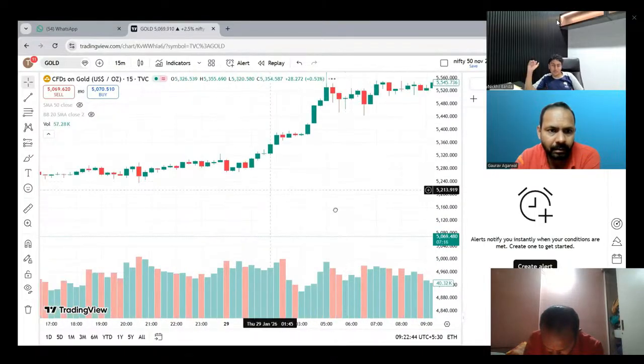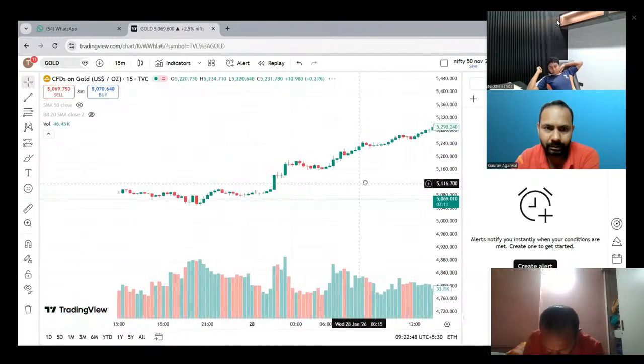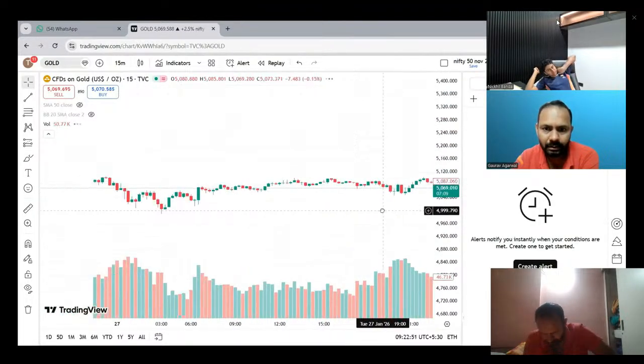And then price broke below that. Once it breaks below that, you can short the position there. You can take a short position.